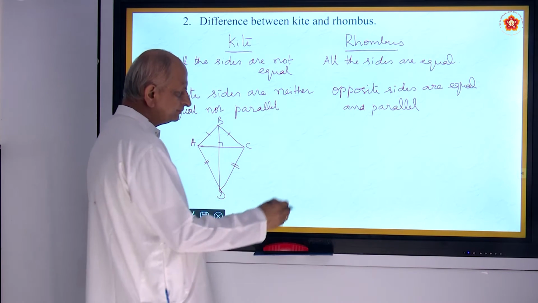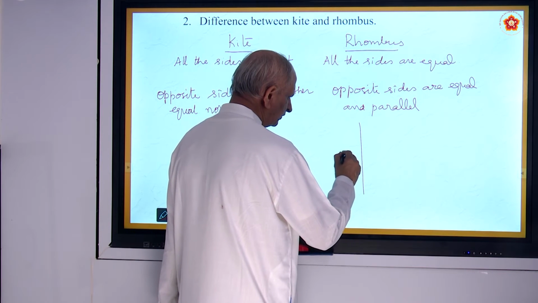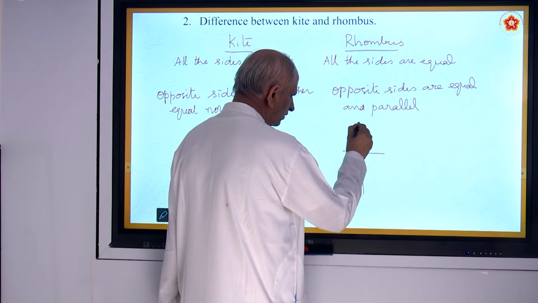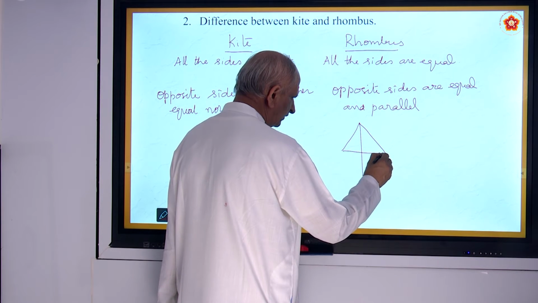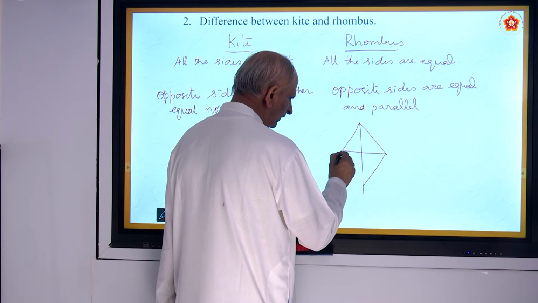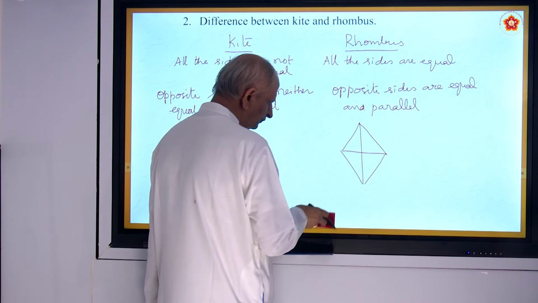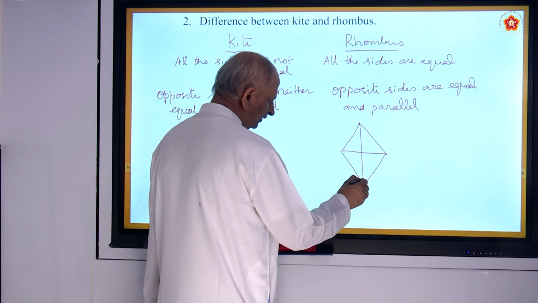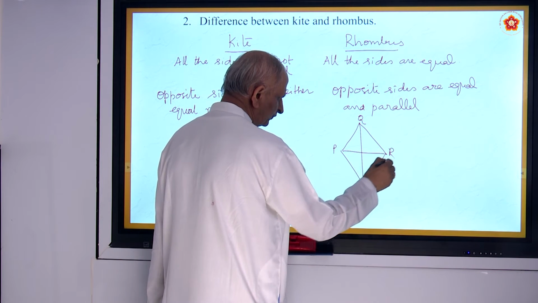Whereas in a rhombus, the diagonals need not be equal, but they bisect at right angles. Suppose you call this PQRS.